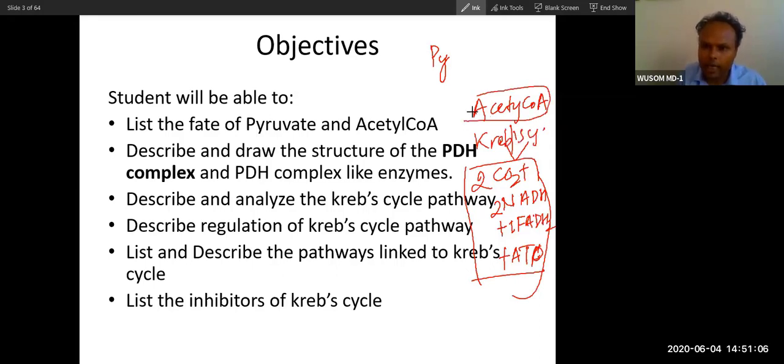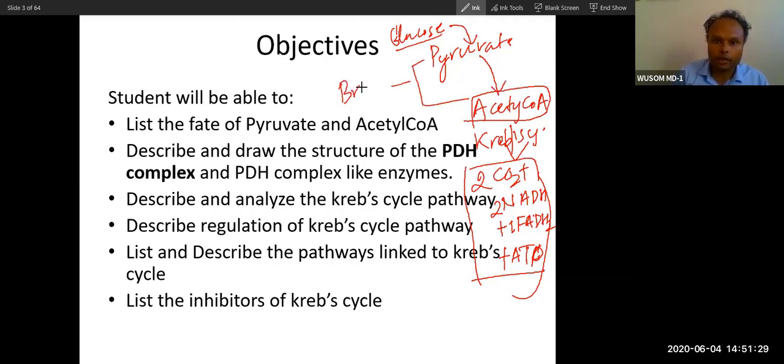Now we have seen acetyl coenzyme, but till now we have studied up to pyruvate from glucose, which is done through glycolysis. You already know that. Now this pyruvate will convert into acetyl coenzyme, and this is a bridge reaction between glycolysis and Krebs cycle.